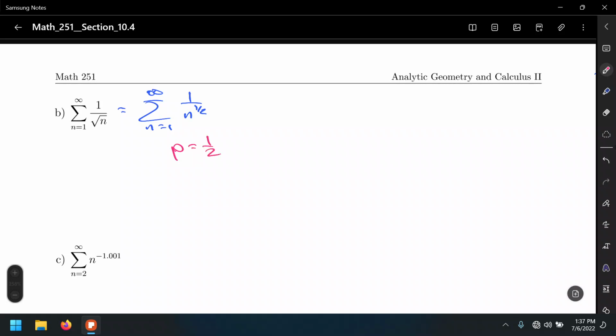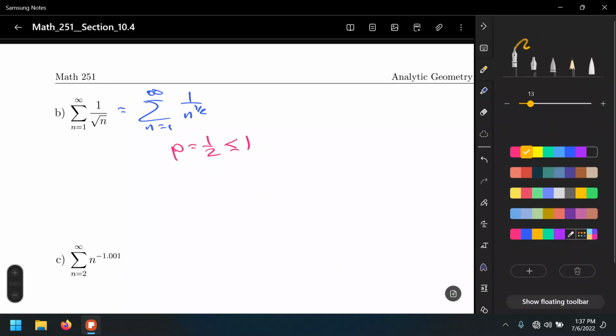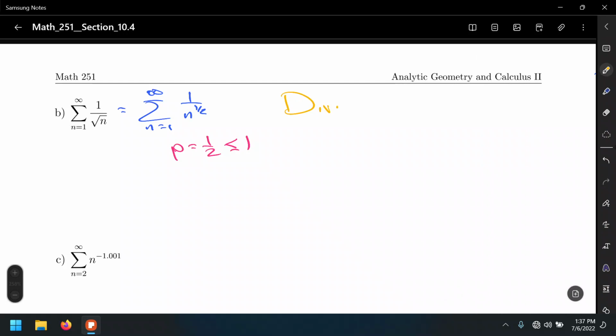Is that greater than 1? Is less than or equal to 1, which means diverges by p series test. All right.